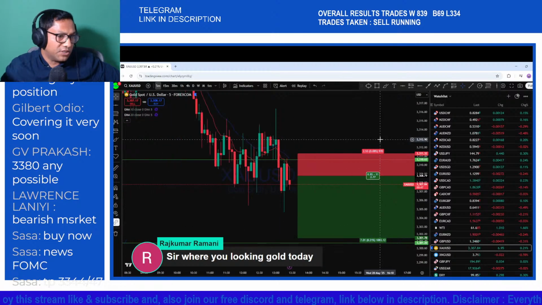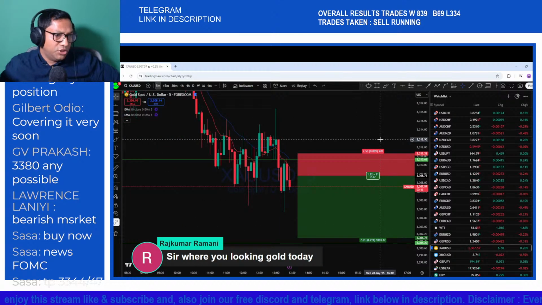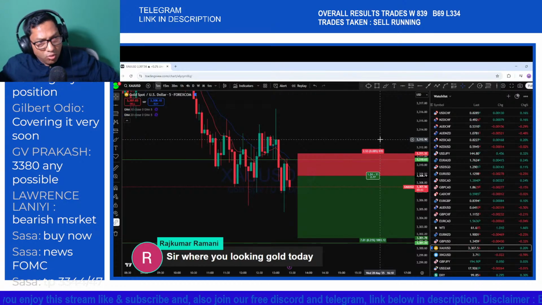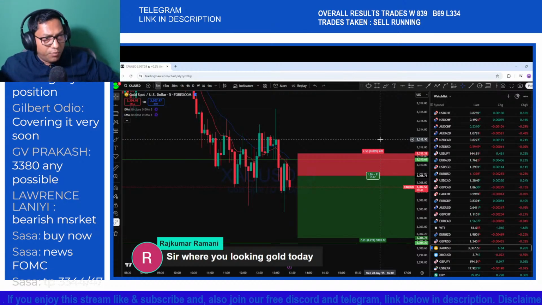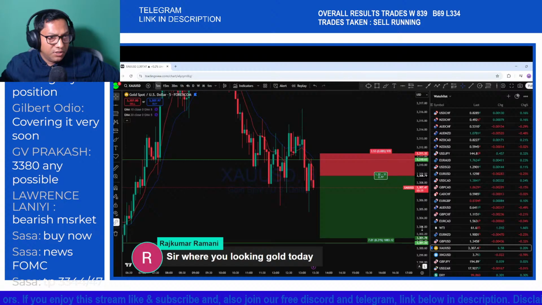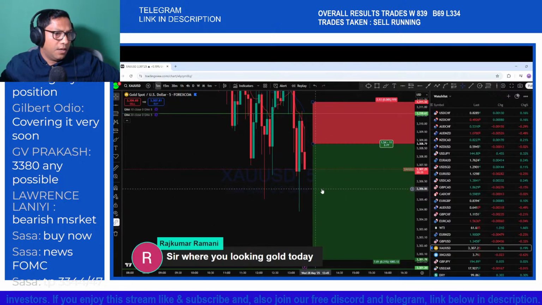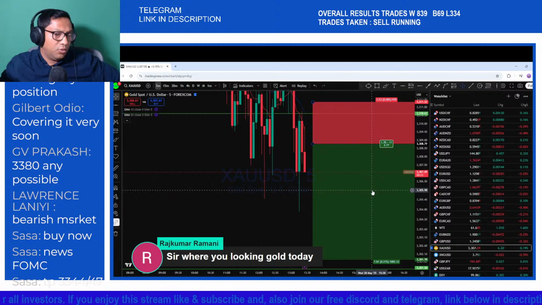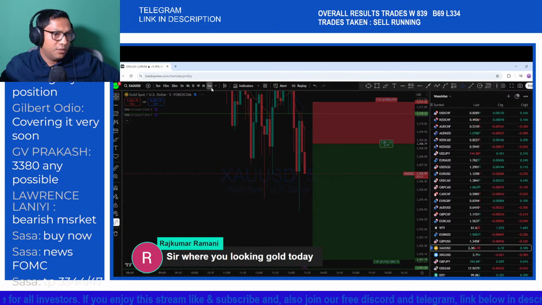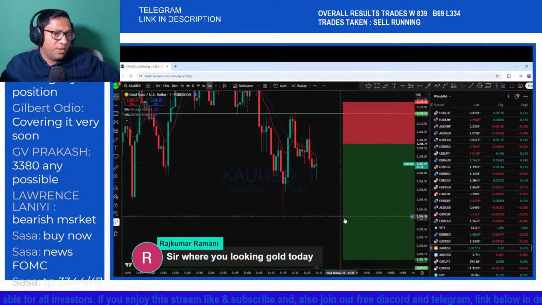There's a 5 minute candle closing, which is a bear market, holding on to that for possible further downward pressure. And yeah, we are holding on to the trade. Okay, so 1 minute bear market.